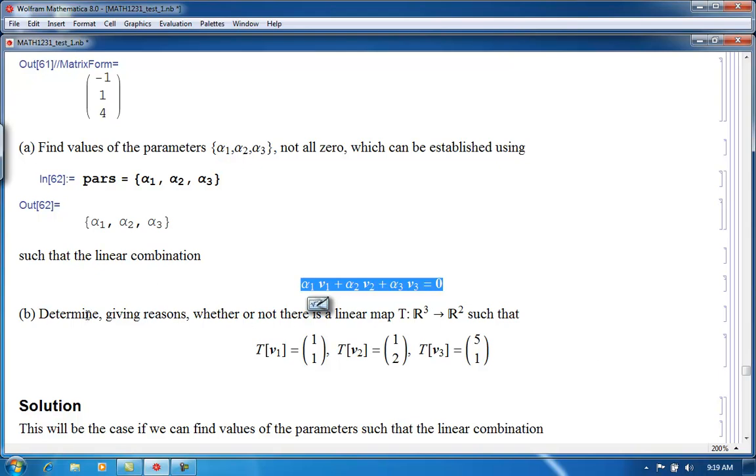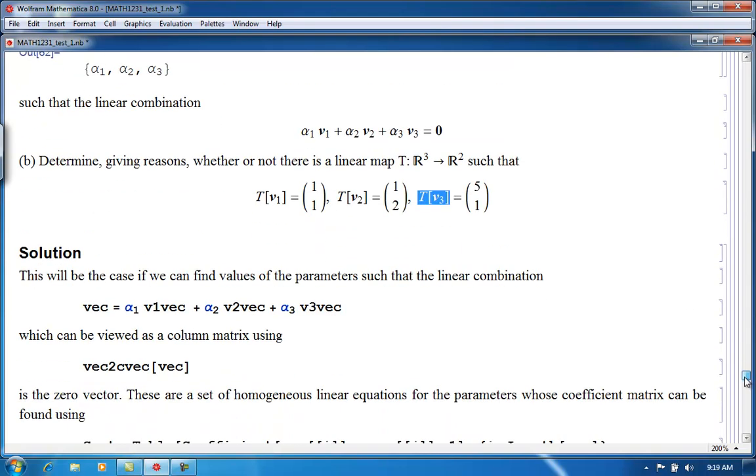And then the second part of the problem is determine, giving reasons, whether or not there is a linear map T from R3 to R2 such that T applied to the first vector v1 is this one, and T of v2 is this one, and T of v3 is equal to this one.